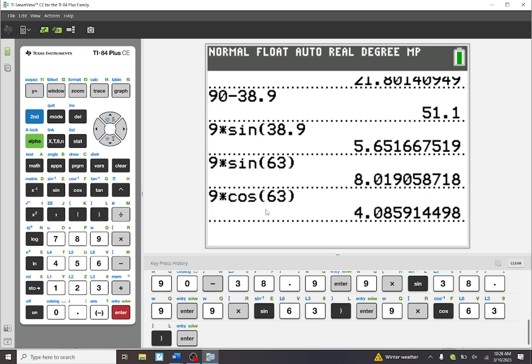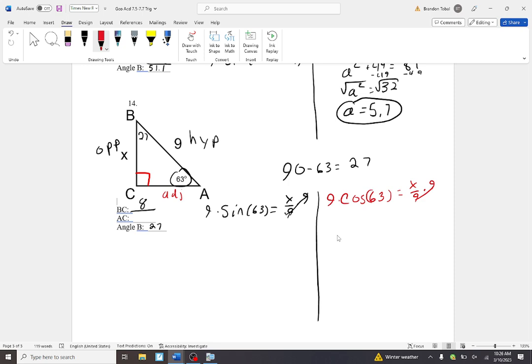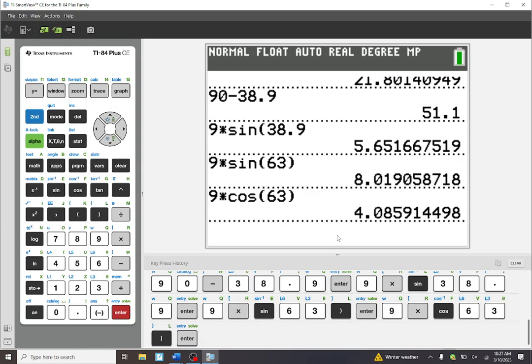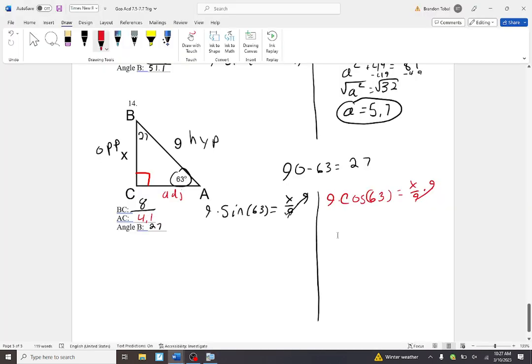So in this case, you're using cosine. It changes the question. So 4.01 or 4.1. Yeah, you got that. I did 9 times cosine 63, because from A, adjacent and hypotenuse would mean cosine.